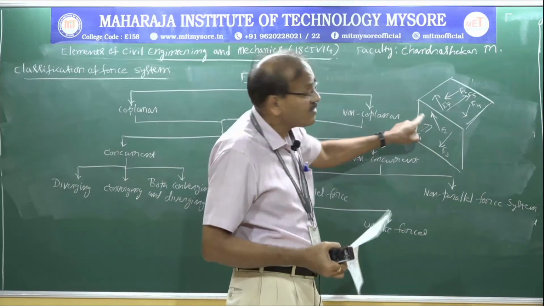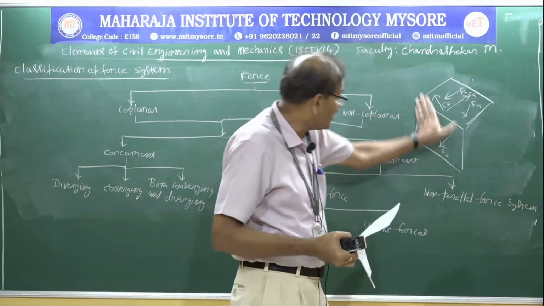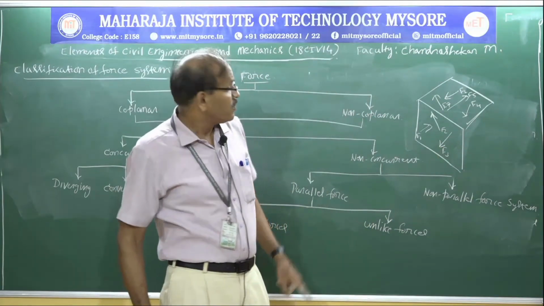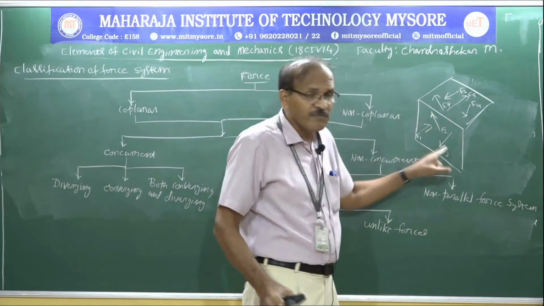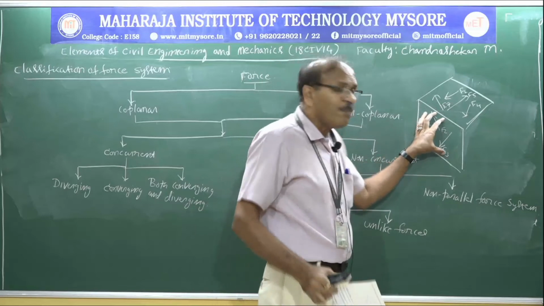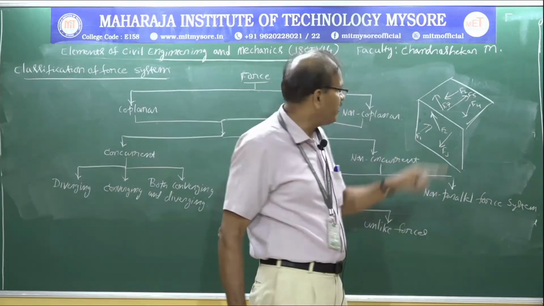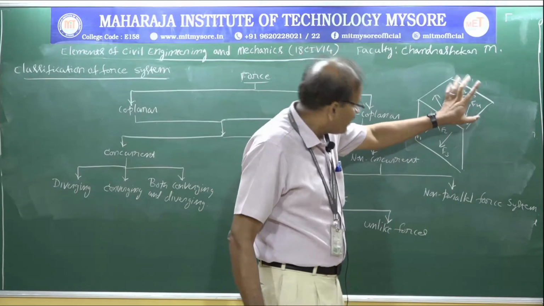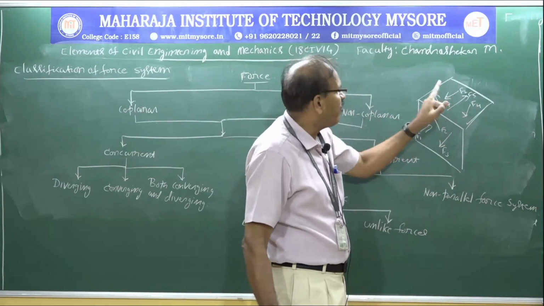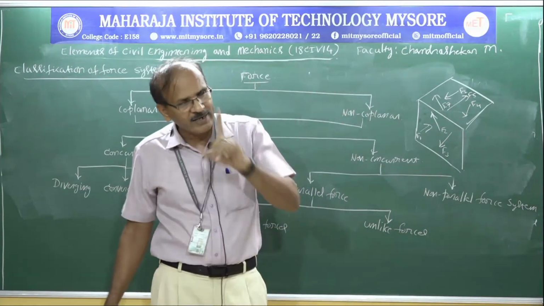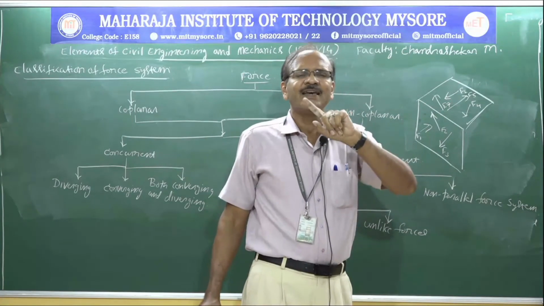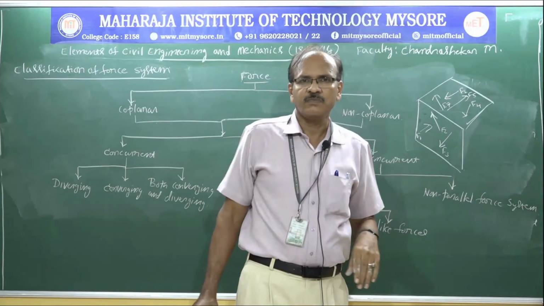This system of forces is acting on this plane and this system of forces is acting on this plane. If I take F1, F2 and F3, because they are acting on a single plane, they are called a coplanar force system. Similarly, F4, F5, F6 and F7 are acting on a different plane, so these also constitute a coplanar force system.